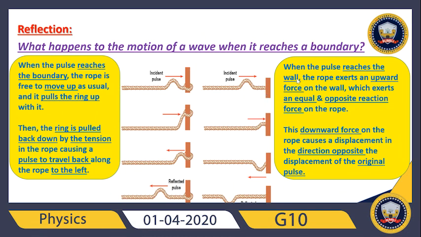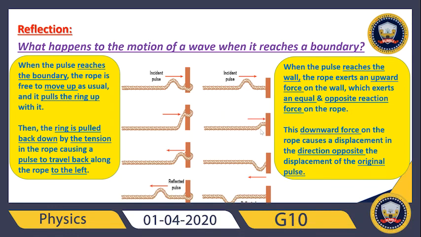When it strikes the wall, the rope exerts an upward force, because here the pulse is at the upper position from the equilibrium position. The wall itself, since it's fixed, exerts an equal and opposite reaction force on the rope.